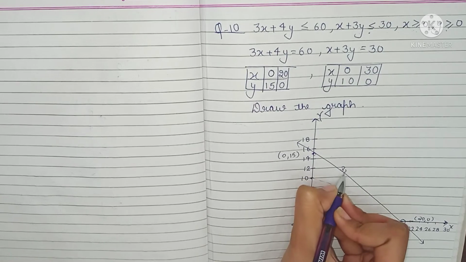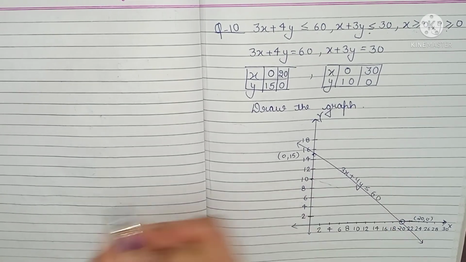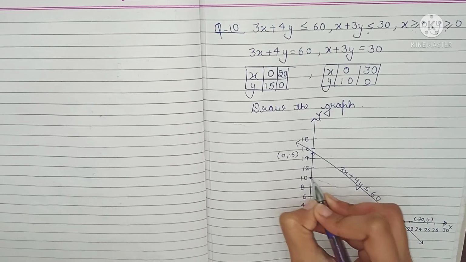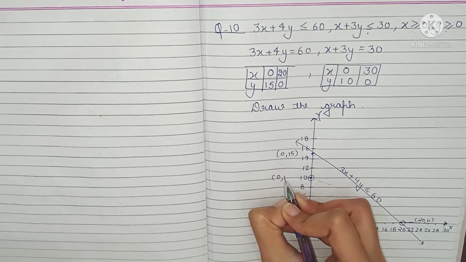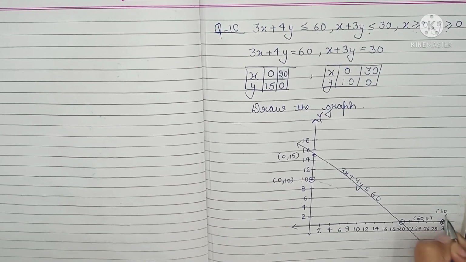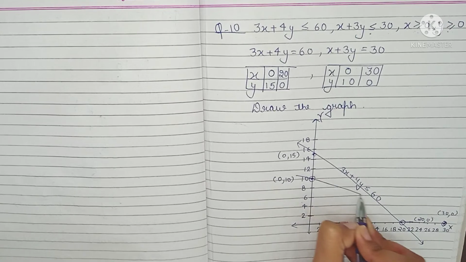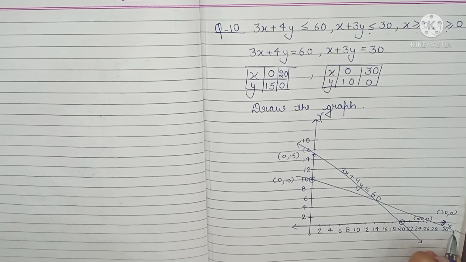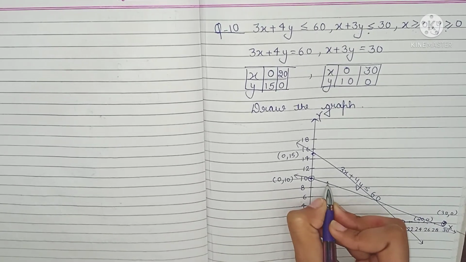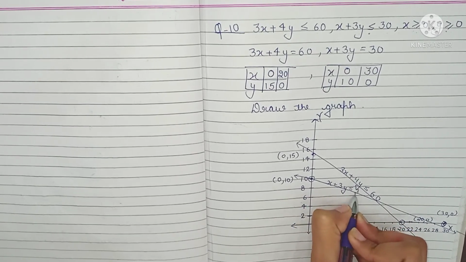This one is your line of 3x plus 4y is less than or equal to 60. And when x is equal to 0 and y is equal to 10, this one is your point 0, 10, and when x is equal to 30 and y is equal to 0, this one is your point 30, 0. Now join these 2 points. This one is your line x plus 3y is less than or equal to 30.